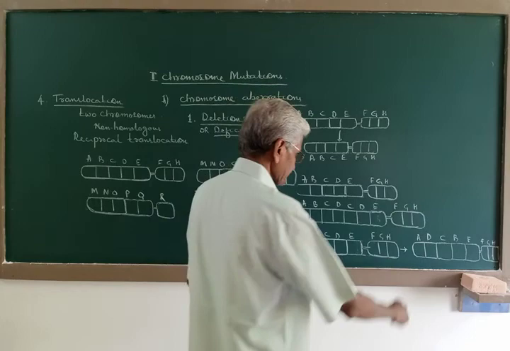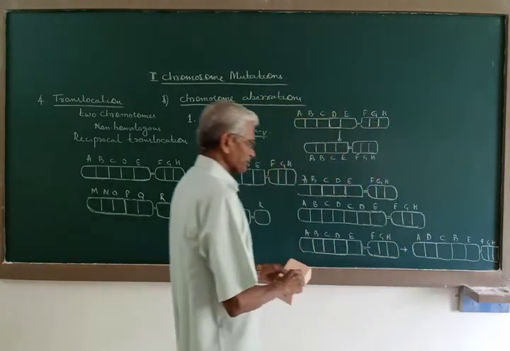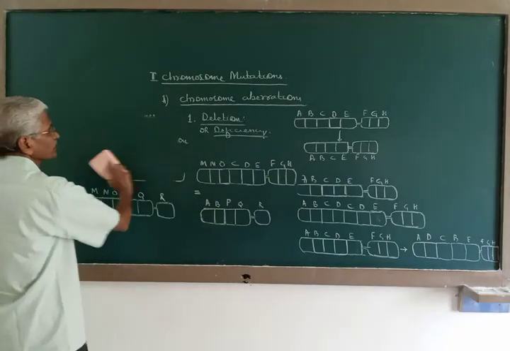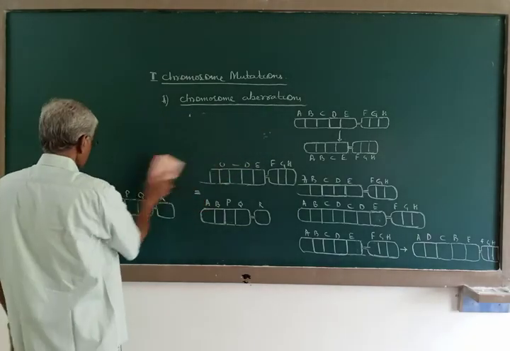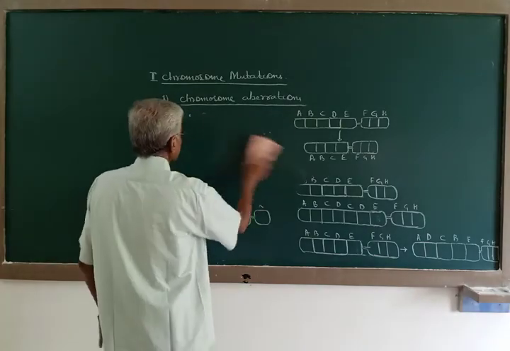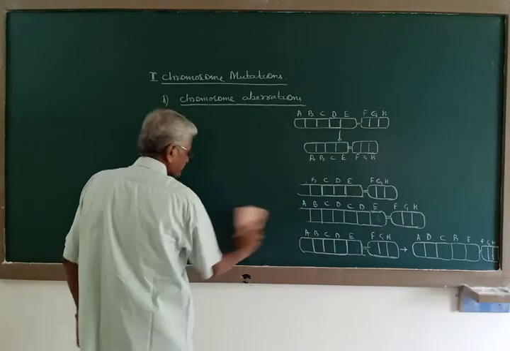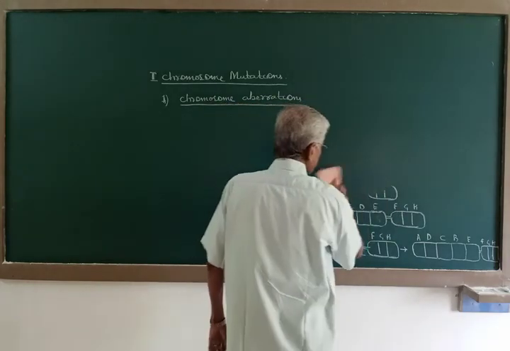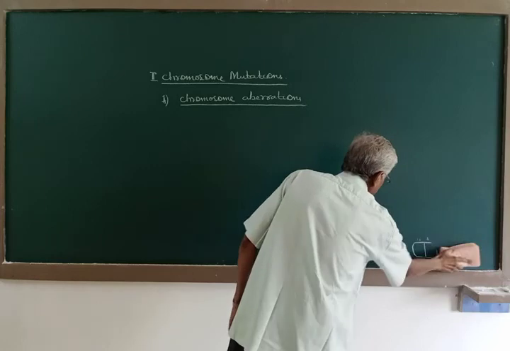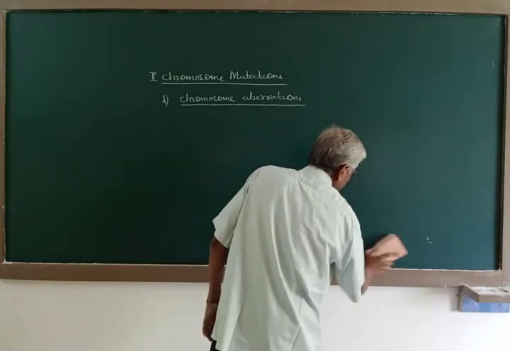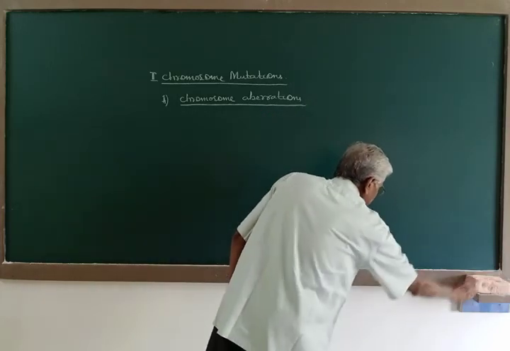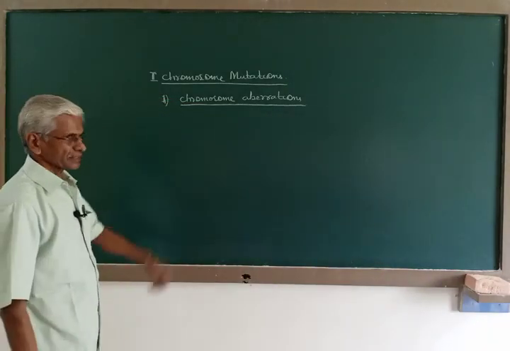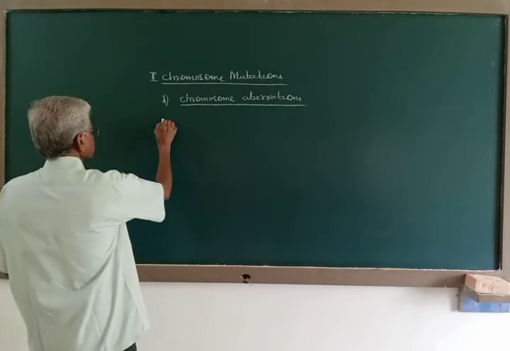So these are the different patterns of chromosome aberrations, changes in the morphology of the chromosomes. Such changes in the structure of the chromosome are a type of chromosomal mutation, that is chromosome aberrations.